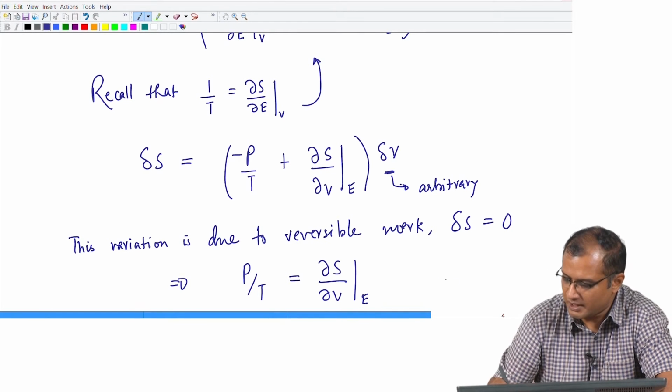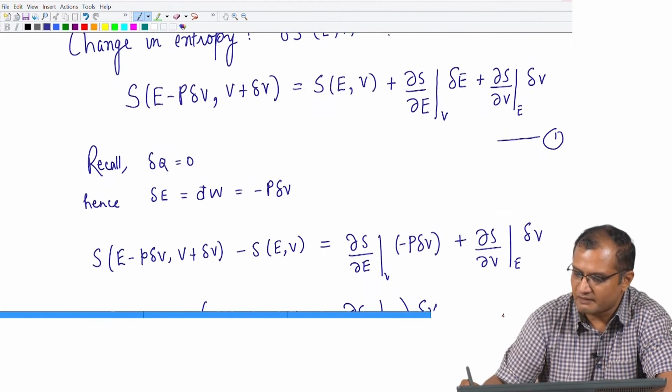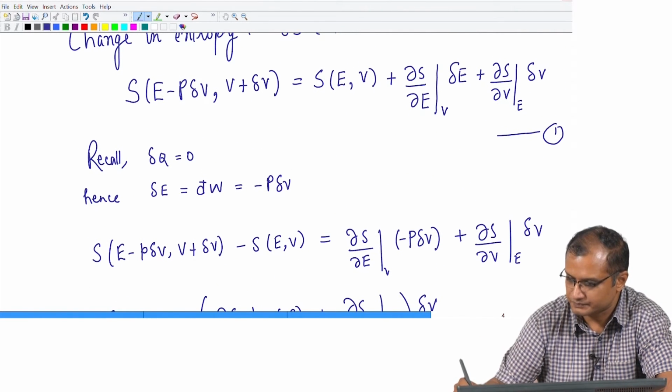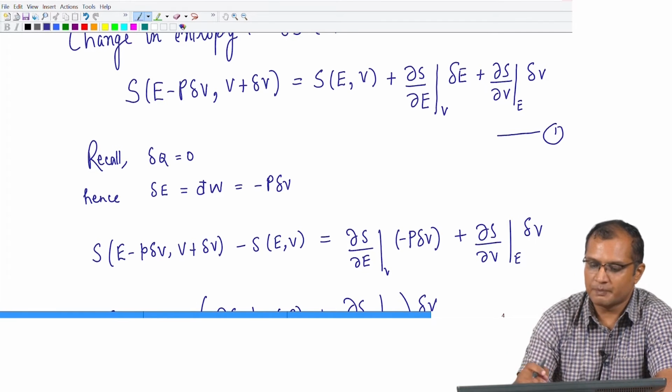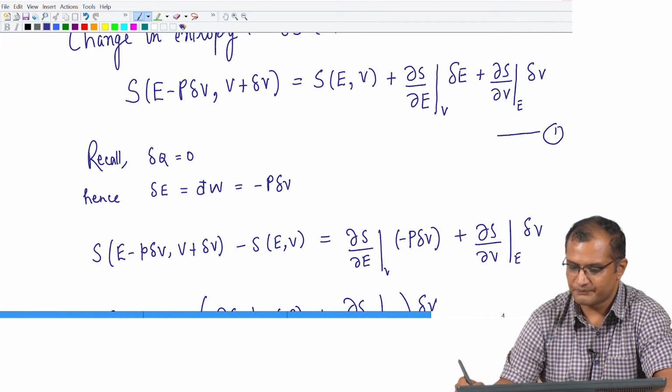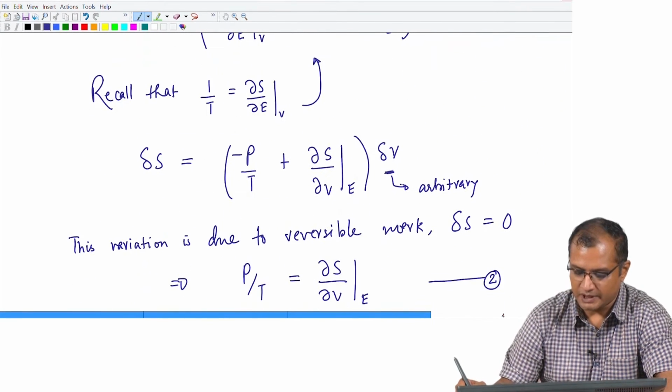So, now you can compare equation 2 and equation 1 and rewrite equation 1. Basically, I am going to take the entropy on the right hand side and left hand side, and write down equation 1 again.